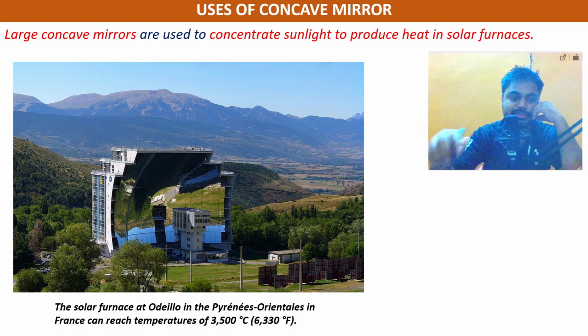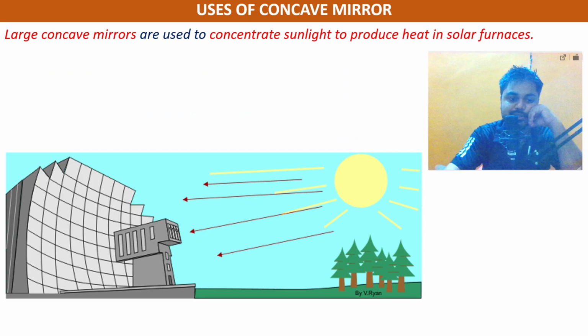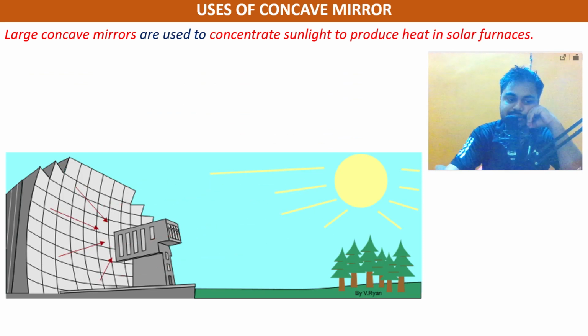So this entire thing is basically a concave reflecting surface, or we can write a concave mirror. This is the solar furnace. This is the mechanism.